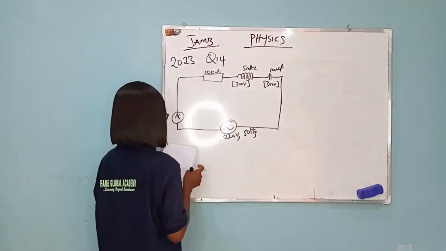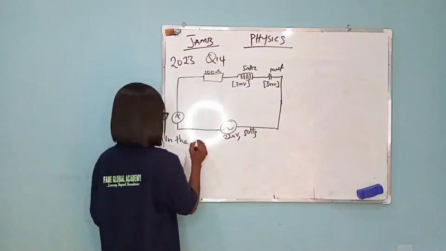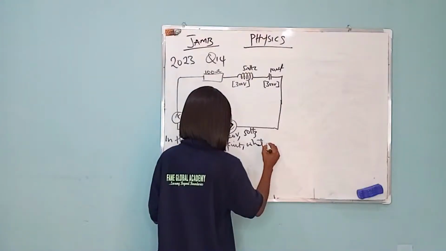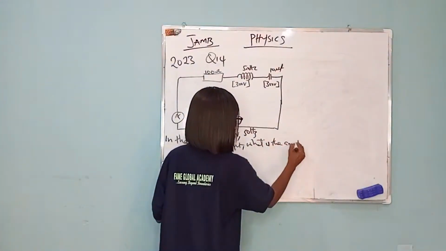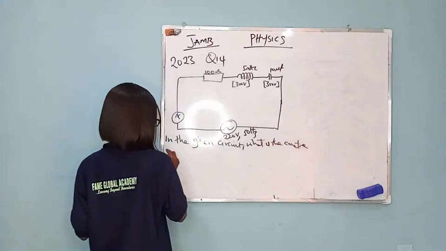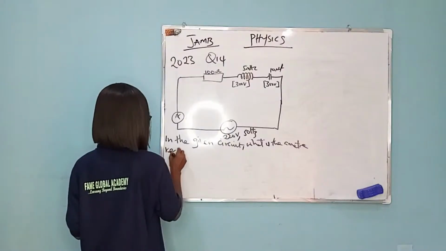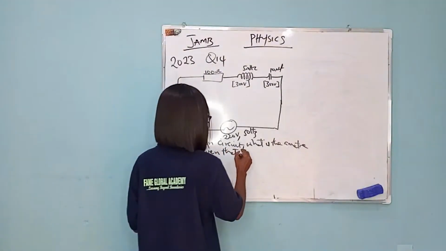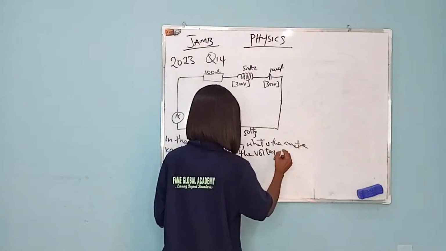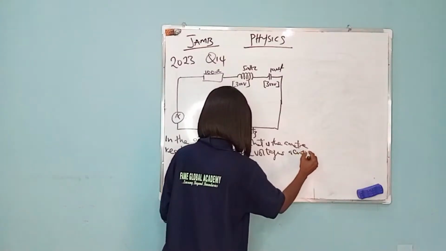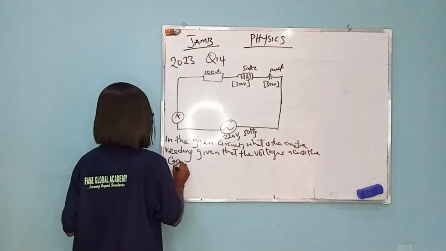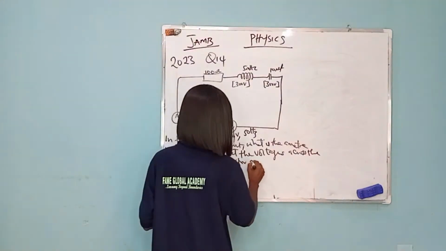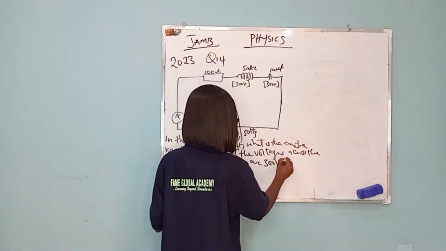In the given circuit, what is the ammeter reading, given that the voltage across the capacitor and inductor are 300 volts each.